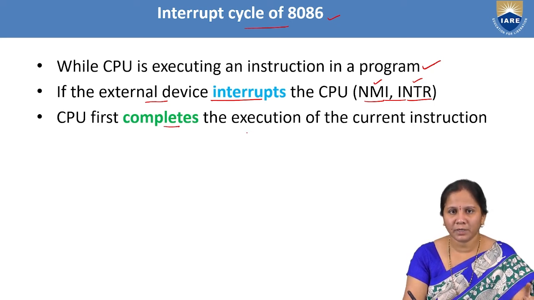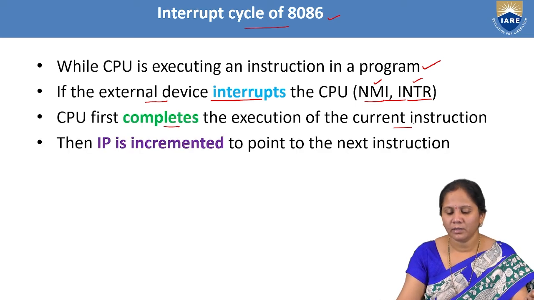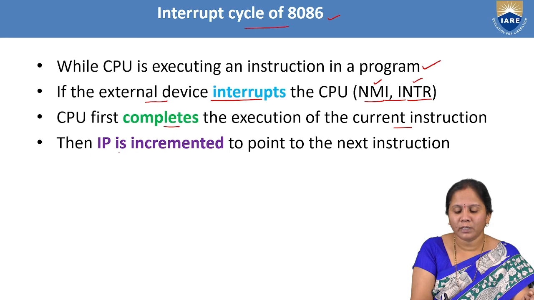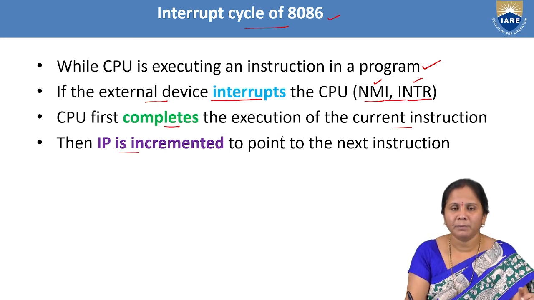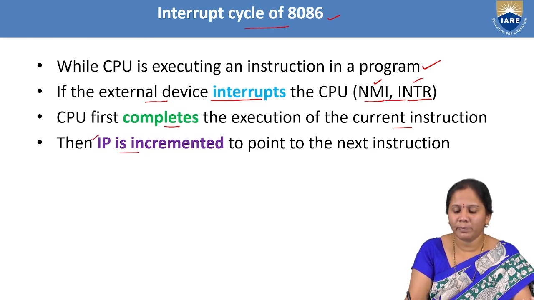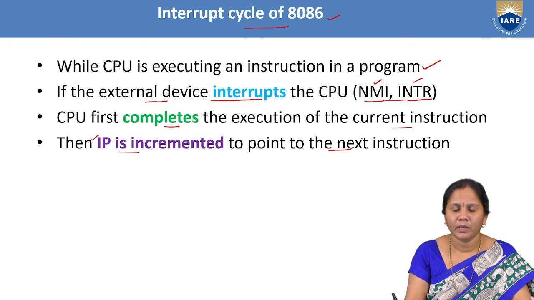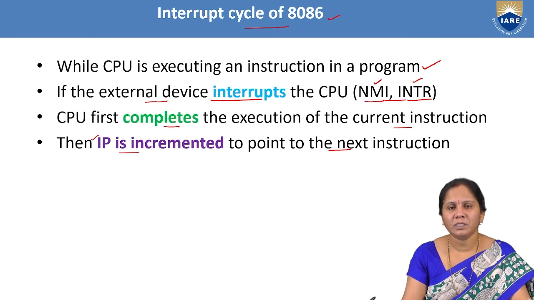After completing that instruction, it increments the IP, the instruction pointer, by 1. So it will hold the address of the next instruction that is going to be executed.